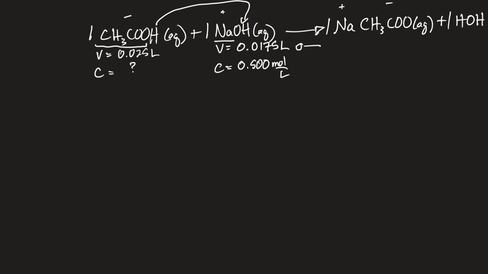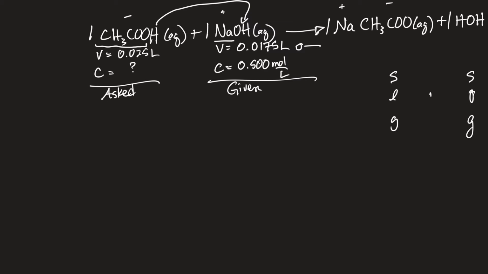Okay, since this is the one that I need information on, this will be my asked. That's where I'll end up. And I know information here, so this will be my given. So when I do the river, solid, liquid, gas, solid, liquid, gas, moles in the middle, I have liquid information here, so I'm starting at liquid.